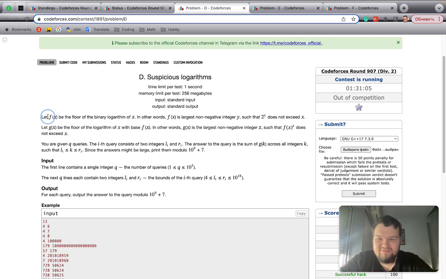So basically f of x slowly increases and it's monotone, and the largest value in our range would be like 60. And then for fixed f of x, g of x is obviously increasing because f of x stays the same. So the logarithm with fixed base of increasing numbers will be increasing.